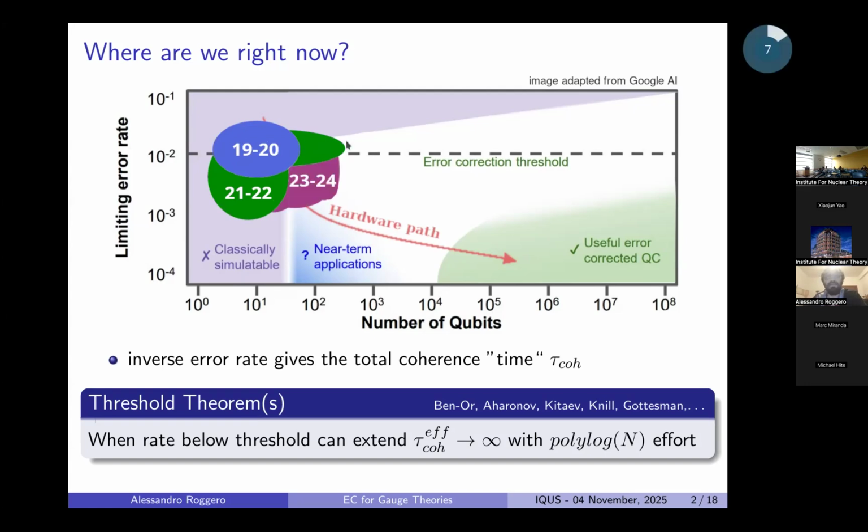More recently, we have devices with limiting error rates of 10 to the minus 3 and hundreds of qubits. Right now it's not uncommon to see calculations using a few thousand gates and tens of qubits. These are routinely done at the moment. However, we still want to keep pushing towards the goal of performing quantum simulations.